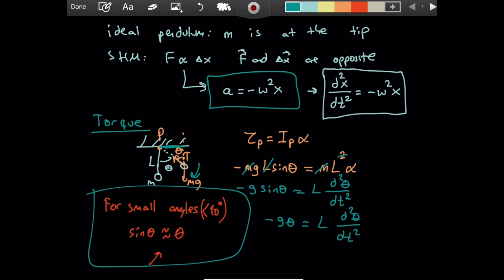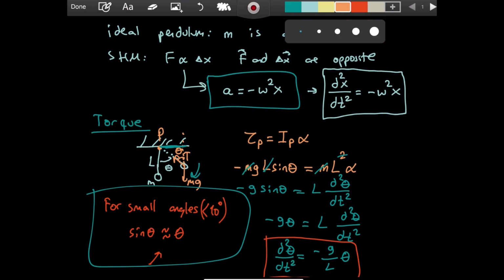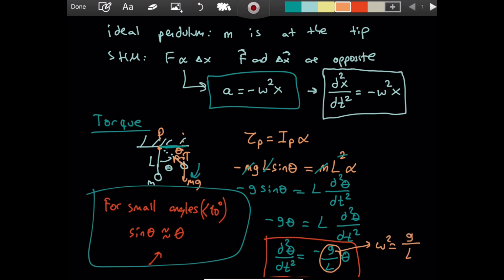And then if we solve for the angular acceleration, to get it in the SHM form, we get that the second time derivative of theta is equal to negative g over L theta. And we have done it. This is a formula for simple harmonic motion. You can notice that this g over L is omega squared, the angular frequency squared for this oscillation.